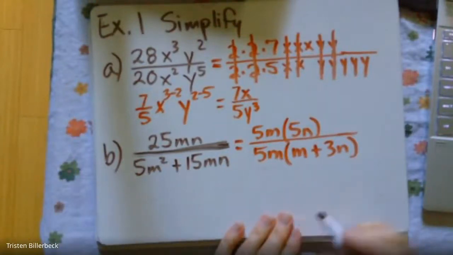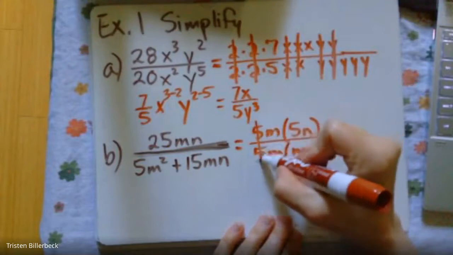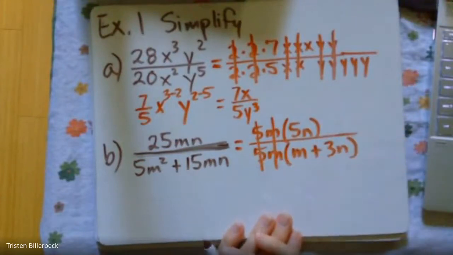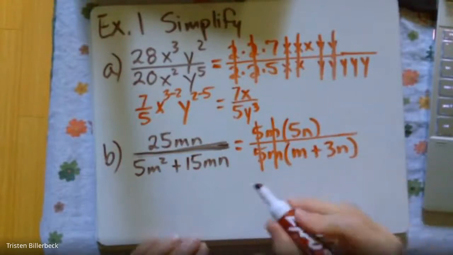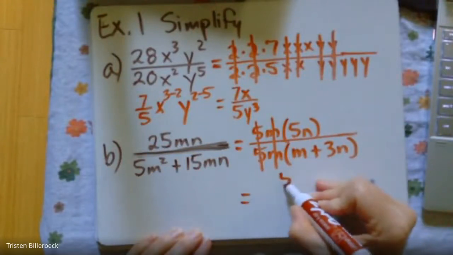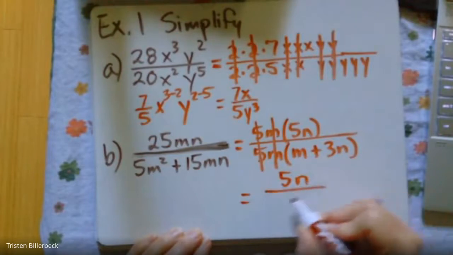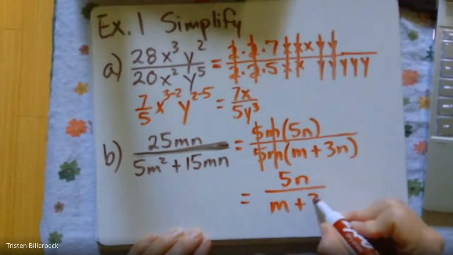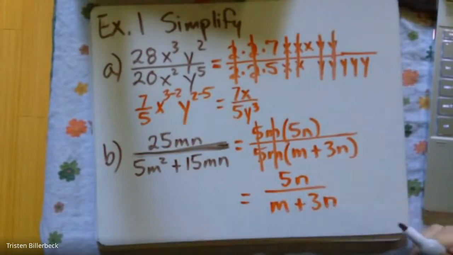So look at that. I have 5m over 5m. So bye-bye 5m. And then these are all unique. So my answer for this is going to be 5n over m plus 3n.